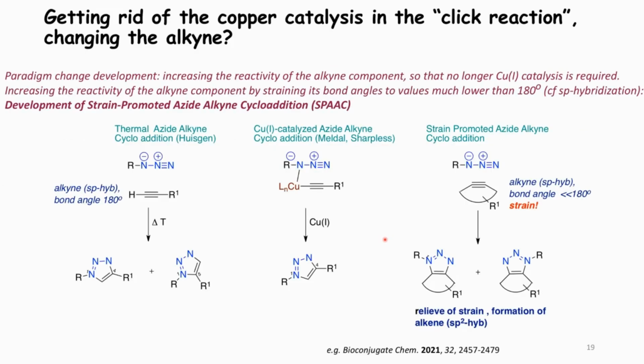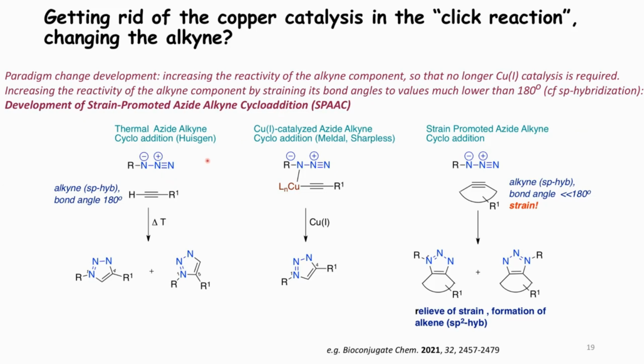So we went on, together with a lot of people, to start developing the strain-promoted azide alkyne cycloaddition reaction. And that was really a paradigm change. What one does is take the same azide, but increase the reactivity of the alkyne component so that no longer copper catalysis is required. And that was the development of strain-promoted azide alkyne cycloaddition.